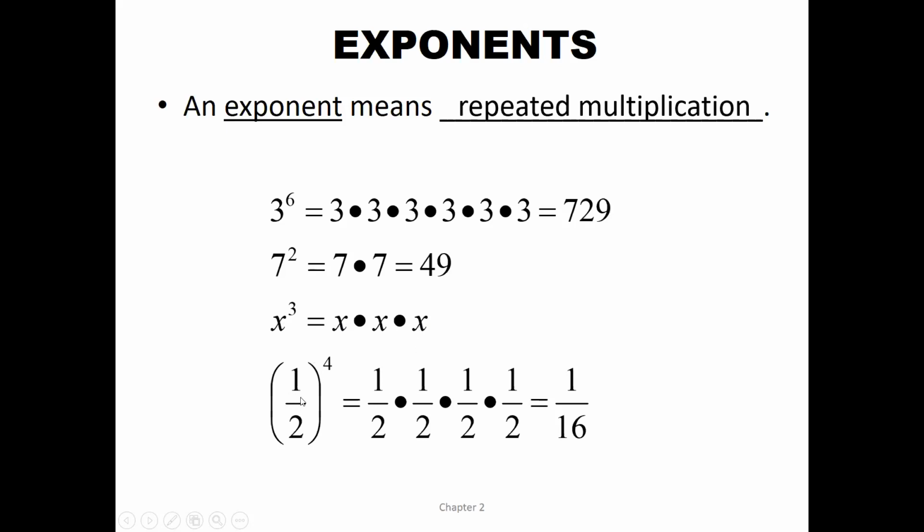Fractions can be done as well. But remember now, 1/2 to the 4th power is 1/2 times 1/2 times 1/2 times 1/2. 2 times 2 is 4, times 2 is 8, times 2 is 16. So 1/2 to the 4th power is 1/16.